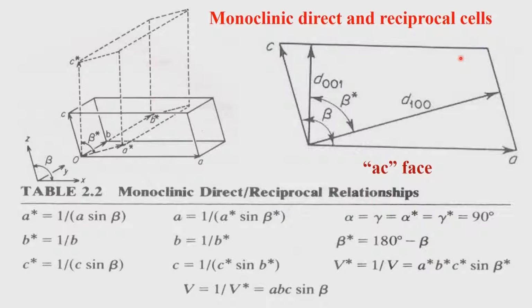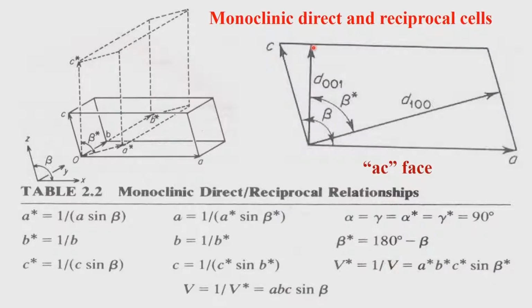the c axis, and therefore, if we now consider the d value associated with it, the d of 0, 0, 1 is perpendicular to this direction. So, this angle is beta, and we get the d of 0, 0, 1, which is the normal to the plane, not associated with the c axis.